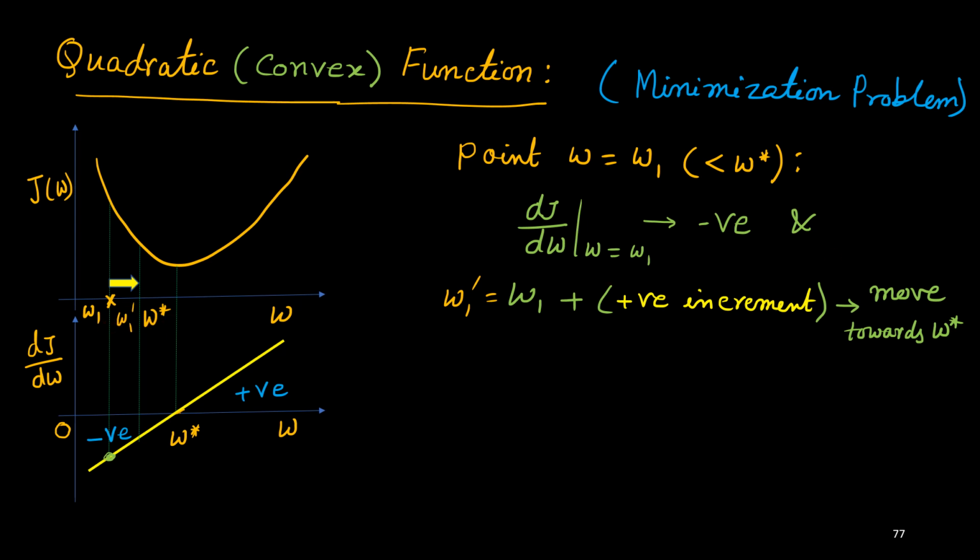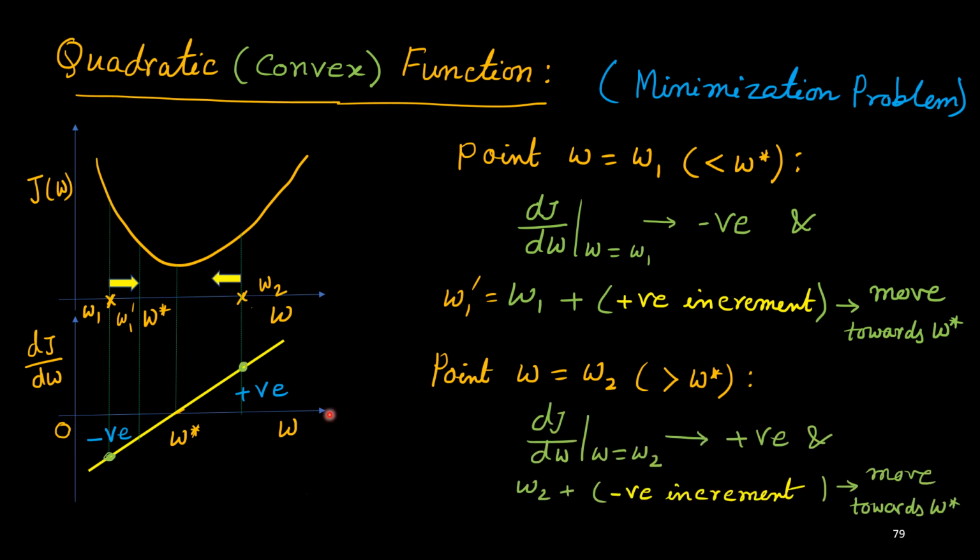Similarly, if I consider one point w2, which is on the right side of w star, in that case you see the derivative value is positive, implying that at this point the function is increasing. So we should move to the left side of w2 in this arrow, then only we can come closer to w star. So to w2 we'll add some negative increment, means we want to reduce the w2 value.